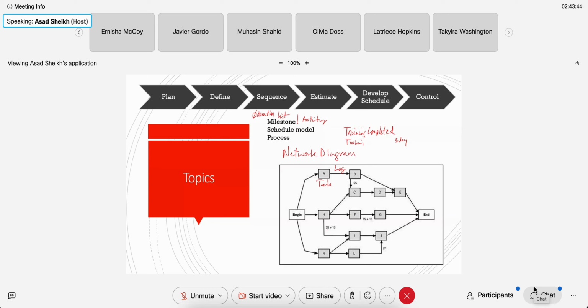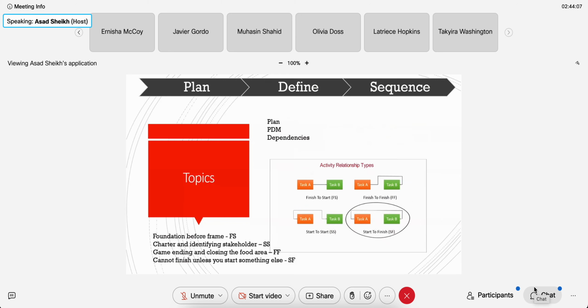And here, these things here, the FS, finish to start, start to start. We're going to look at them in a minute. So we'll come back to this one. Finish to finish. So just keep that in mind. We're going to look at that. Some of them are a little confusing. So let's go look at those in a second.